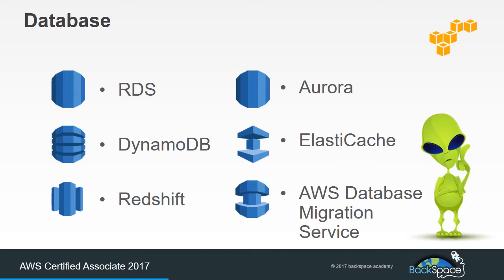ElastiCache, and that is in-memory caching for databases. And what that does, it allows very high speed, very low latency access to data. It will cache in memory frequently accessed data from your database.